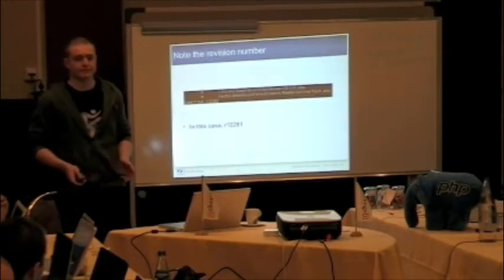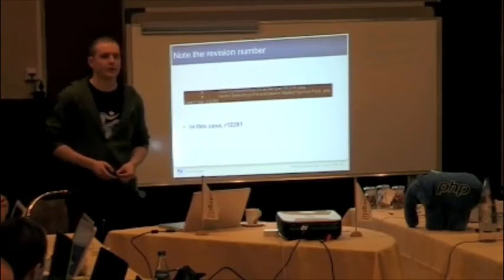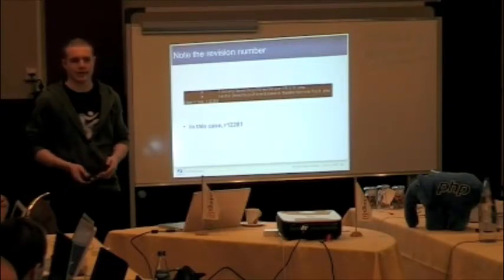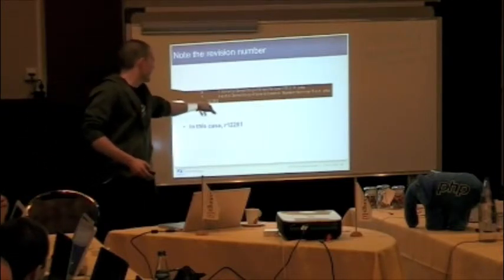Okay, next up, when you've committed the change, Subversion gives you a revision number. I'm not sure about how the graphical clients like Tortoise do that, but on the command line you get a revision number, like here.